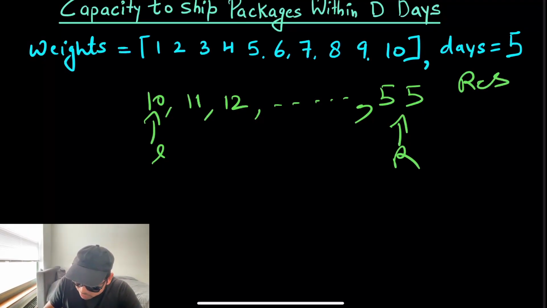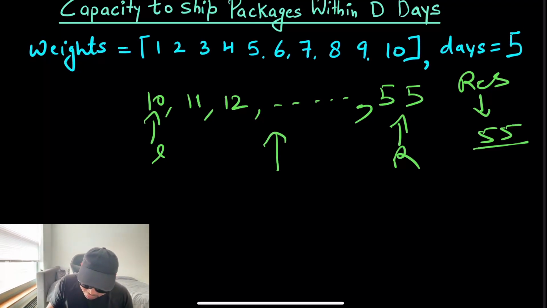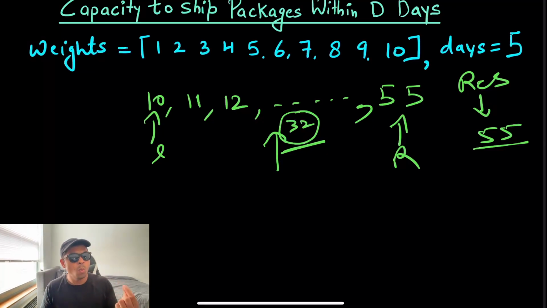I have my result. Initially my result is the maximum, 55, so that at least I can process all of them in one day. Then I choose my mid as 32. Now if I can process 32 weight in one day, what does that mean? So how many days do I need to calculate within that?